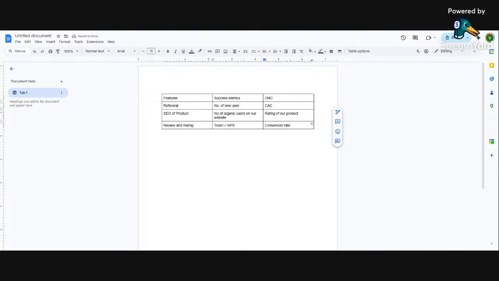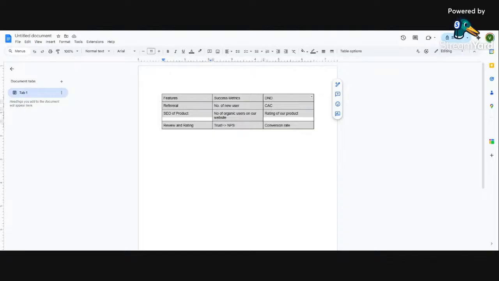So we basically try to understand the D&D metrics, and then we usually work on the solution further. So I hope it is clear to you all.